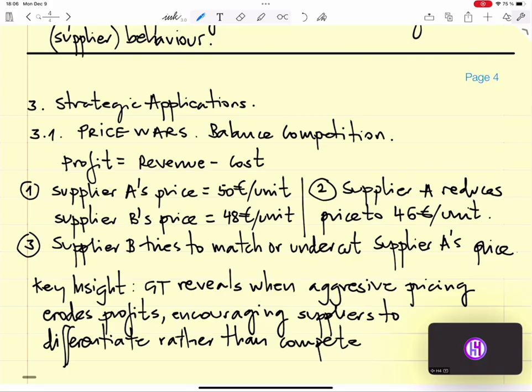Okay. So if you're a supplier, you want to be different. You want to be offering something more rather than just compete on price, because a pure competition on price will lead to everybody losing, as we saw above. Okay.